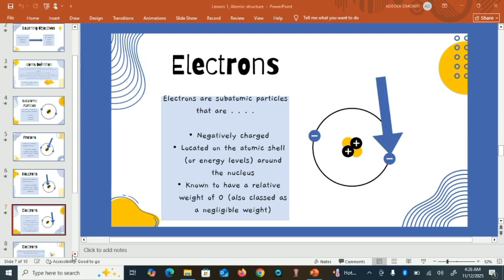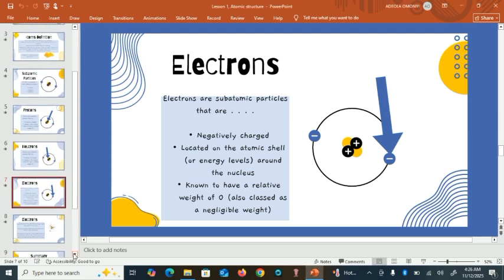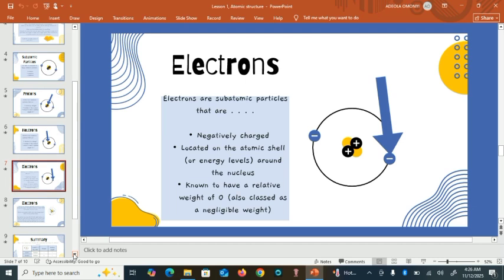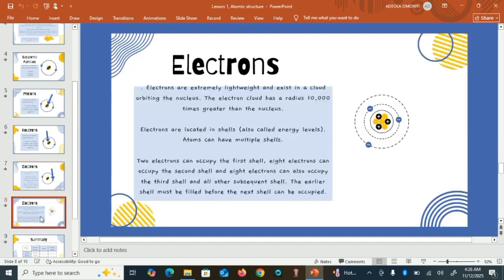We still have to discuss more things about the electron. Apart from the fact that it's negatively charged and is located on the atomic shell, the orbit, around the nucleus, electrons are extremely lightweight. They exist in a cloud orbiting the nucleus, like an imaginary line of orbit around the nucleus.